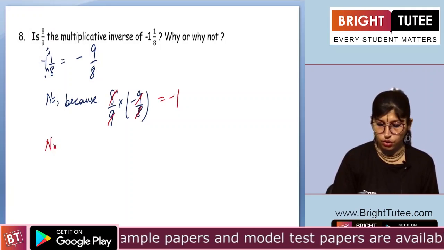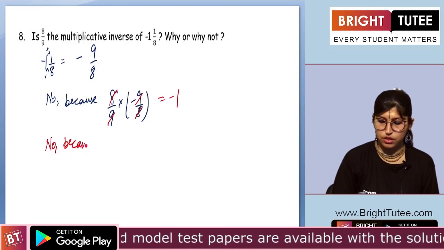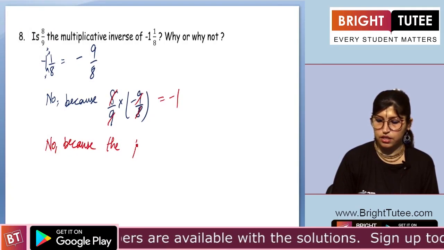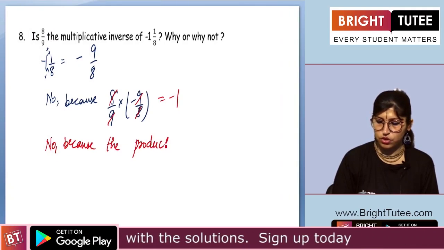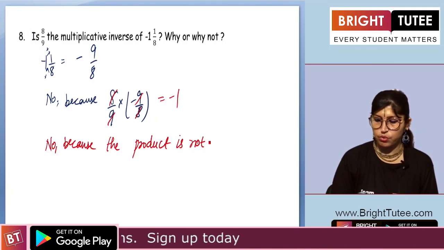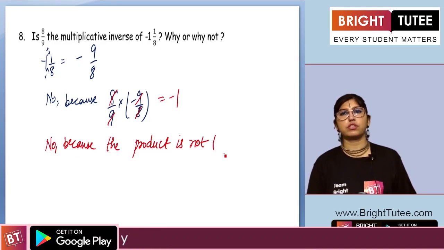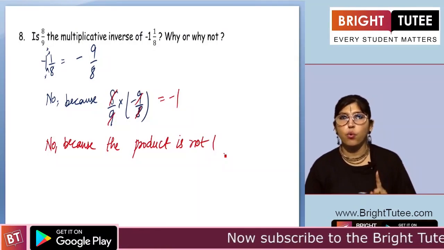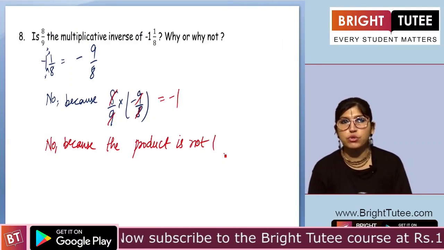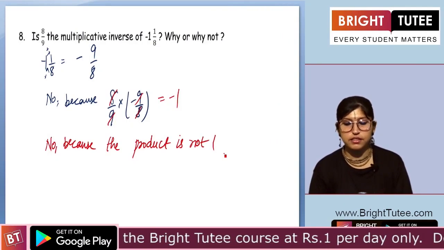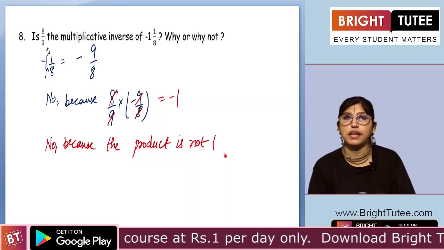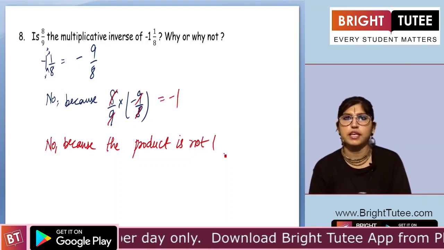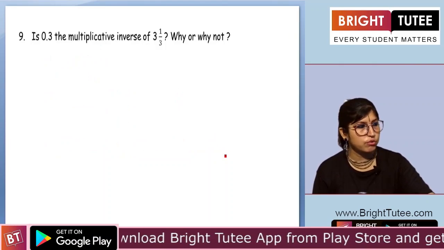So we'll be writing no, because the product is not 1. We can say that it is a multiplicative inverse only if we multiply these two and get the final answer as 1. So this is how we do it if we are asked whether this is the multiplicative inverse or additive inverse of another given number. Now let's move on to another question.